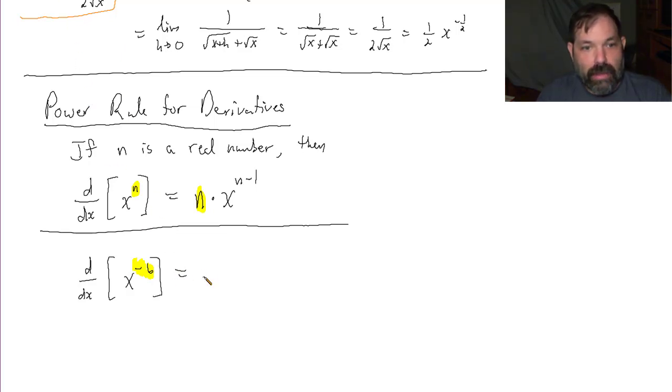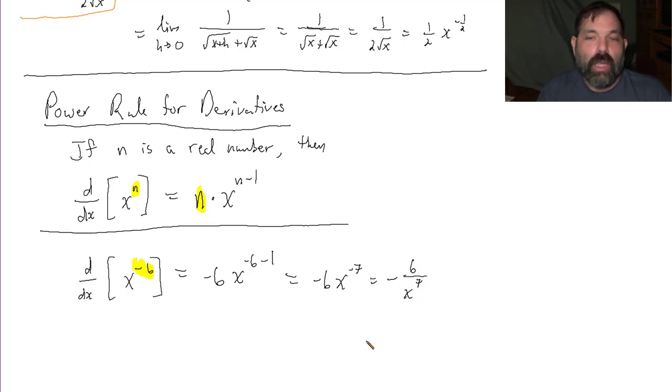So this would then be negative 6x to the negative 6 minus 1. Now remember, you've got to be careful with arithmetic here. Negative 6 minus 1 is negative 7. So this would be negative 6x to the negative 7th, which is equivalent to negative 6 over x to the 7th power, if we wanted to write it without a negative exponent.